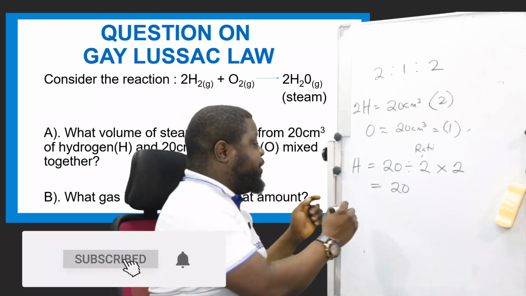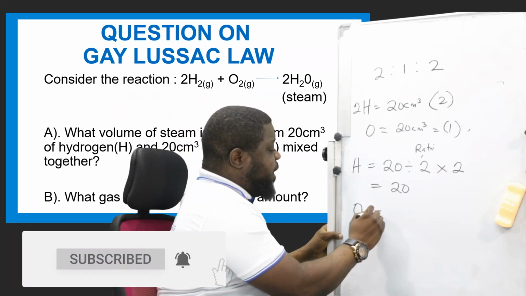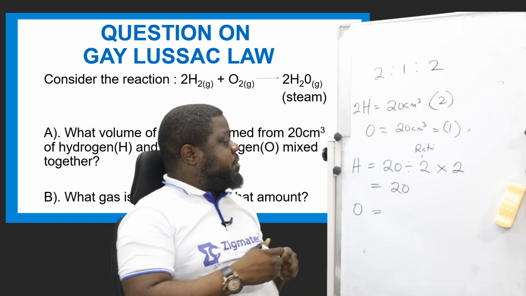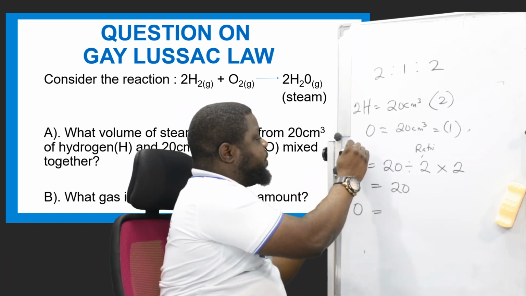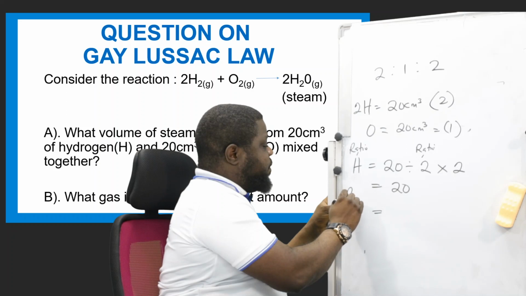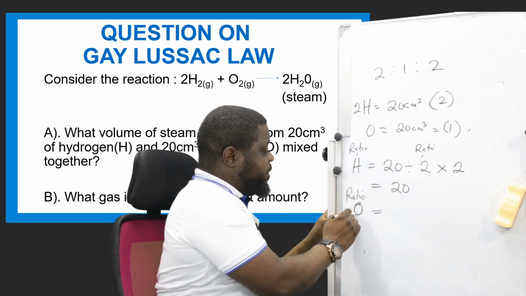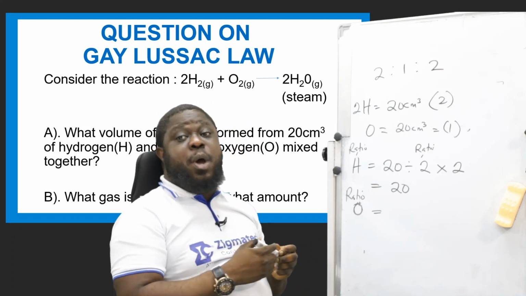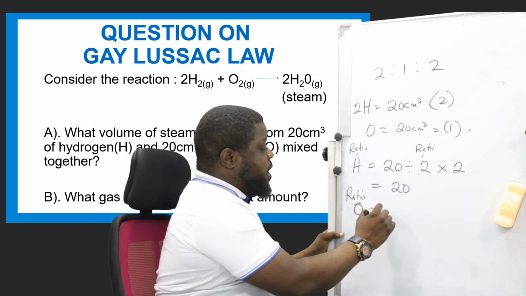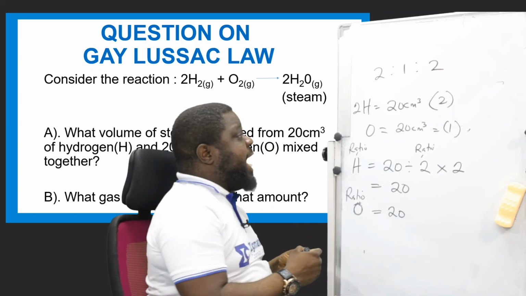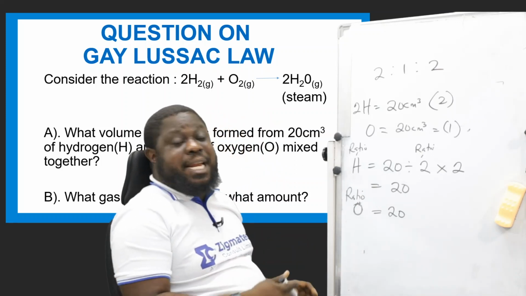Now let's get the ratio of oxygen. This is the ratio of hydrogen now. Ratio of oxygen. Oxygen is 20. Okay? Now the ratio is how many? 1.